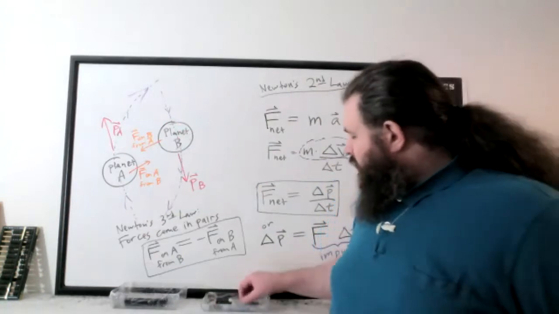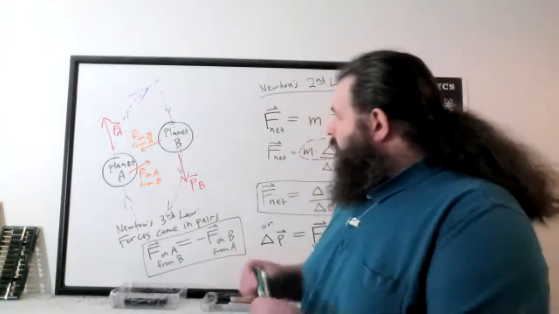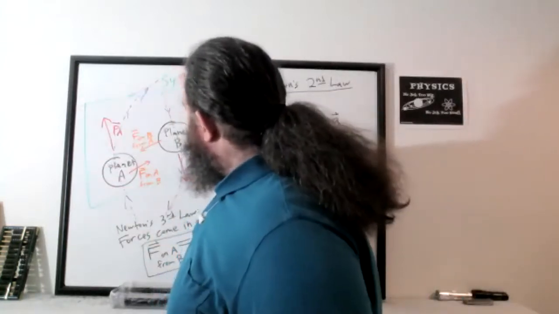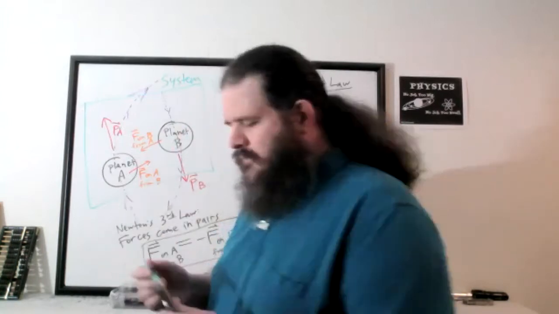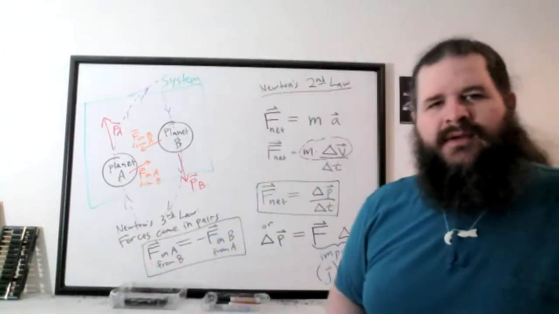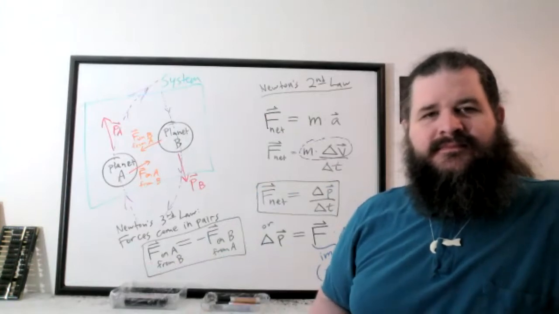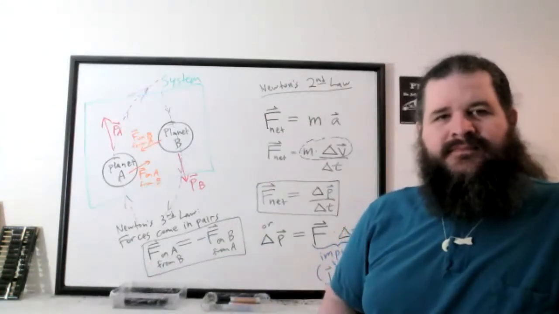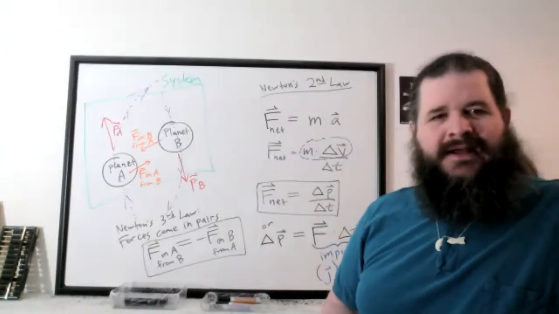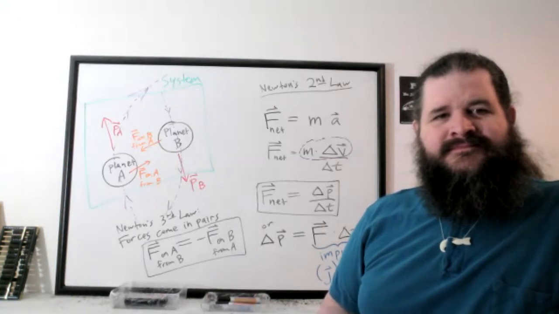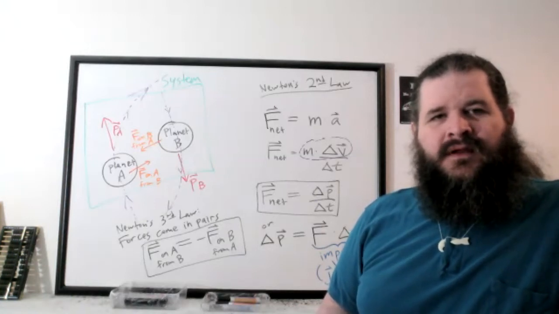But if you consider these objects as one big system, what can we say about the total force acting on the system? If you just pretend for the moment that A and B are one big object. Do they cancel each other out? Yeah.